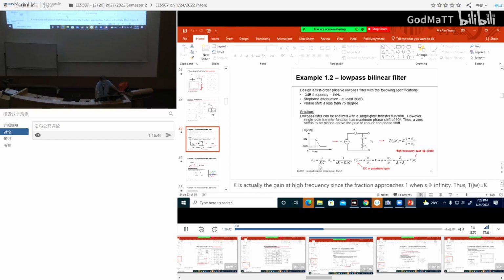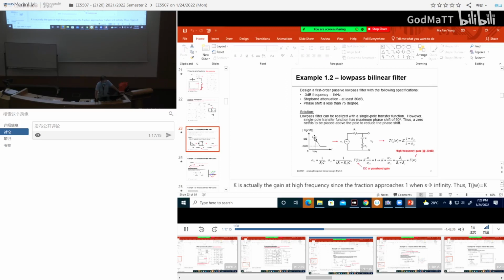So if you implement the bilinear using R1, R2, and C, you can analyze it. You can know what is the zero frequency term and what is the pole frequency term, and then you just solve it using all these constraints. The pole must be at 1 kilohertz.